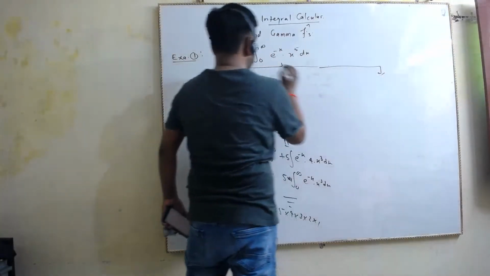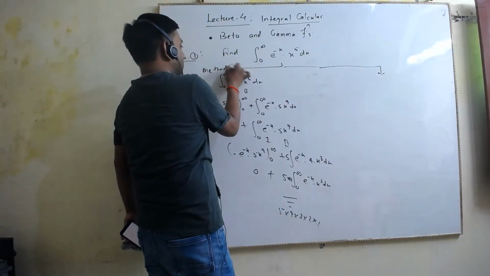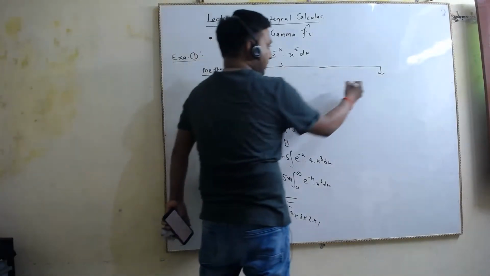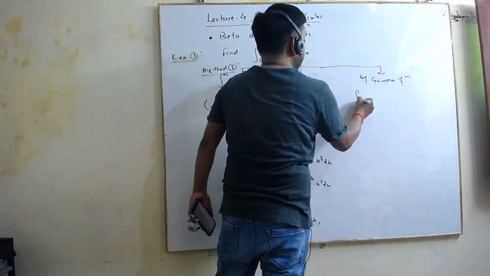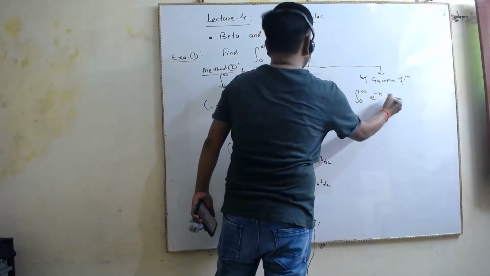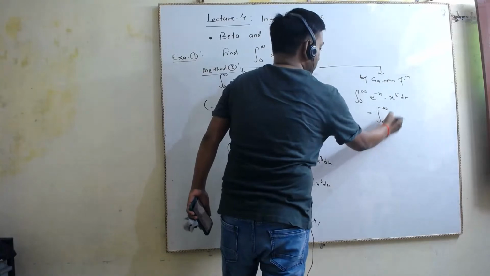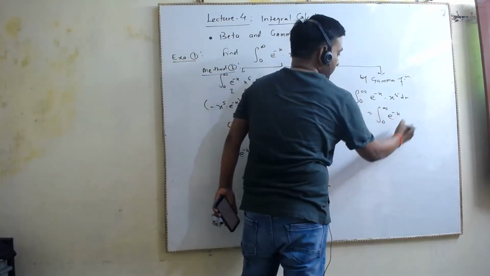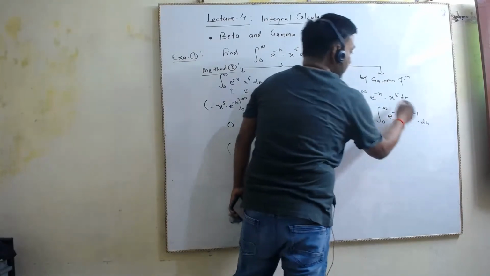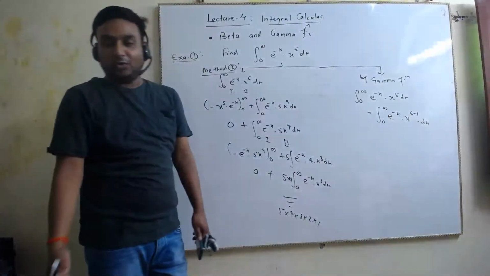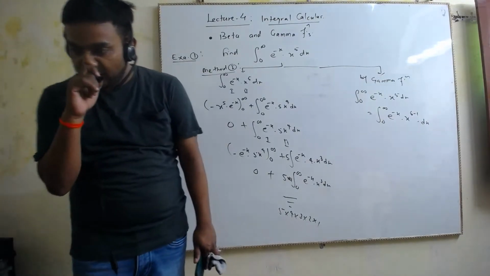Now look, suppose you know the gamma function. 0 to infinity e raised to the power minus x can be written as 0 to infinity e raised to the power minus x into x raised to the power 6 minus 1, right?